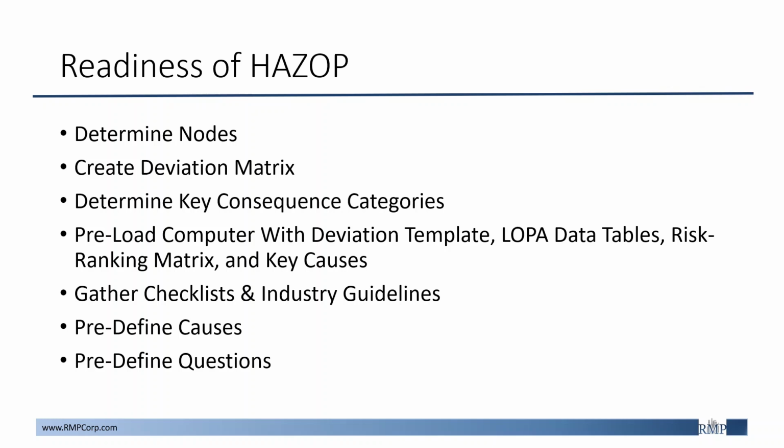This includes determining the nodes and pre-causing the worksheet for each node, determining key consequence categories and creating the deviation matrix, preloading the computer with deviation templates, LOPA data tables, risk ranking matrix, and key causes, and gathering checklists and industry guidelines to meet all standards and regulations to adhere to when performing a HAZOP study.